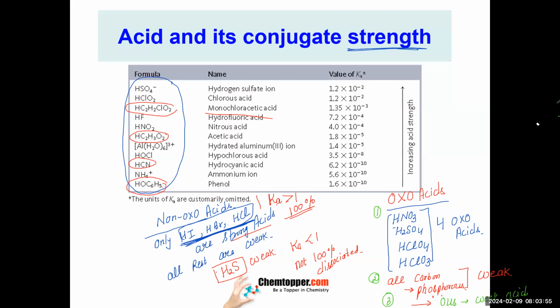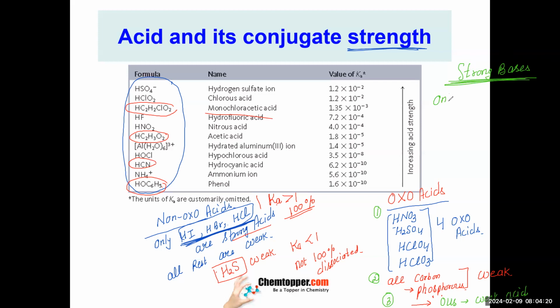So, Afan, you have memorized this list of weak acids and strong acids and oxo acids, non-oxo acids. Exactly in the same way, you're going to do strong bases. There is a list of strong bases. And this is also very simple.